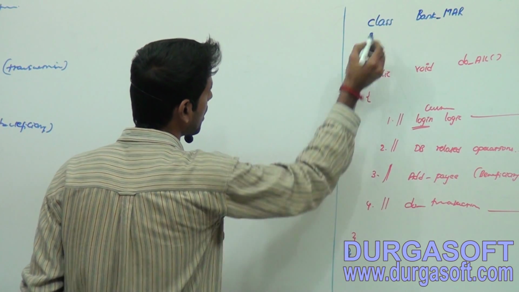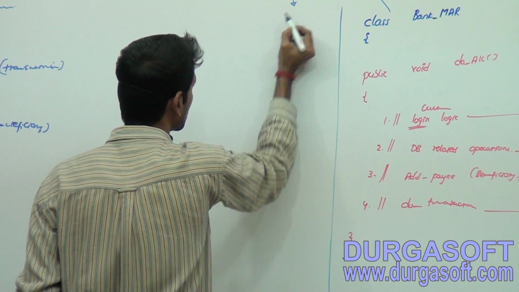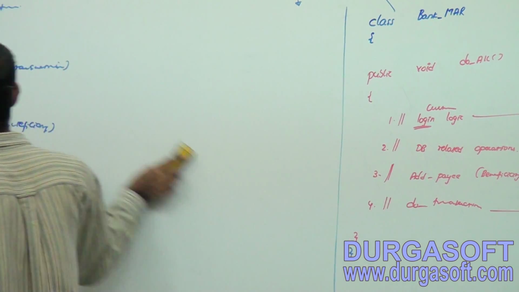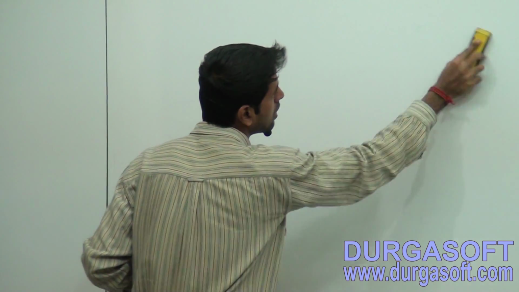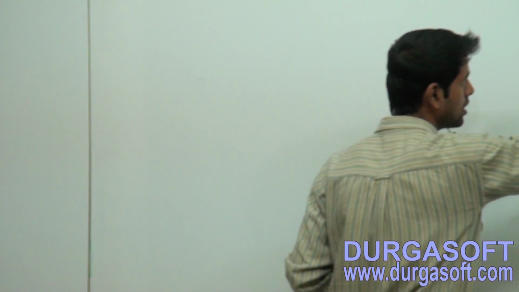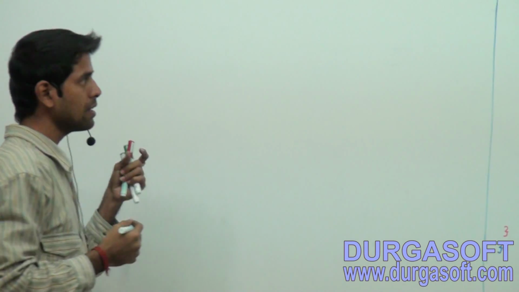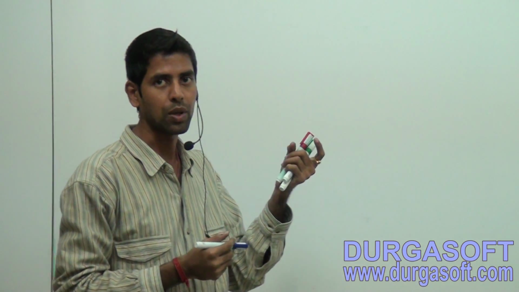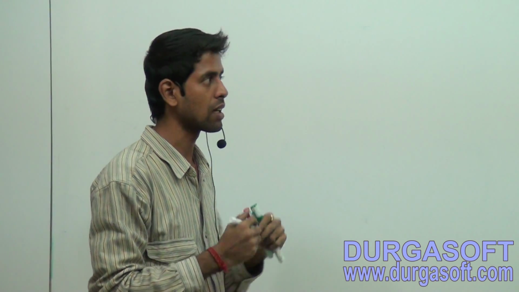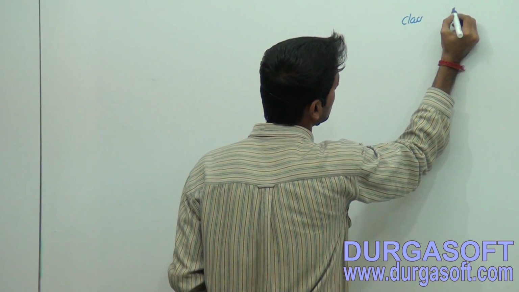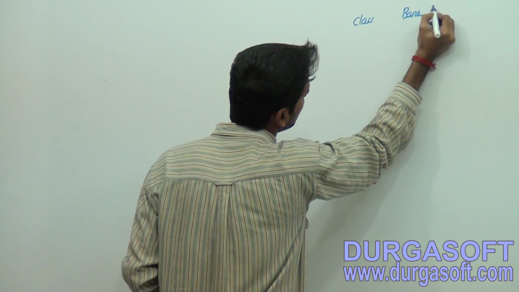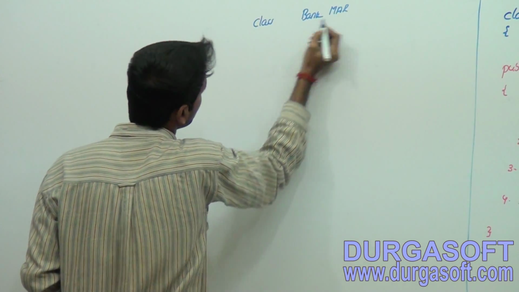Let me optimize this code to some extent. Observe here, let it be class BankOfMAR.